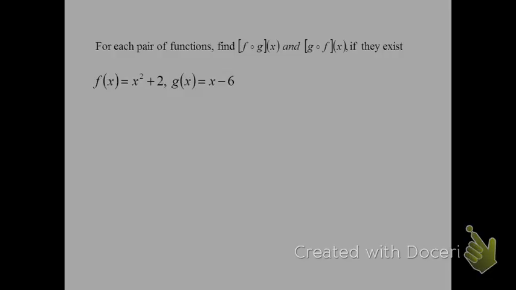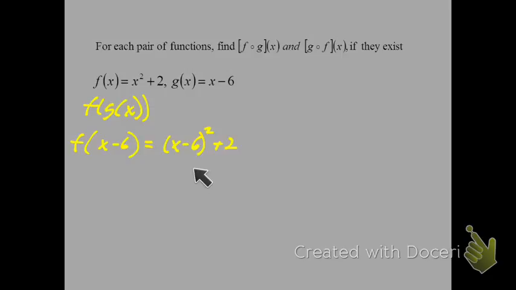Okay, and then the last example, same deal, same question: find f of g of x and g of f of x. So we're going to do f of g of x here. So g of x in this case is x minus 6. So you replace the x, so that means that instead of x being squared, x minus 6 is what gets squared. And then we're going to add 2 to that.